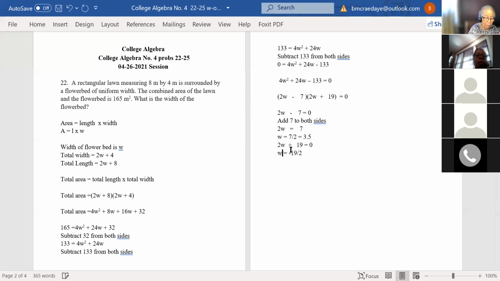But can a width be negative? No, a width can't be negative. So the width has to be this value right here, 3.5. So the width is 3.5, right? Now that's the total width. So what would be the width of the flower bed?